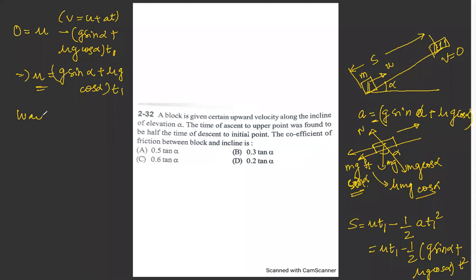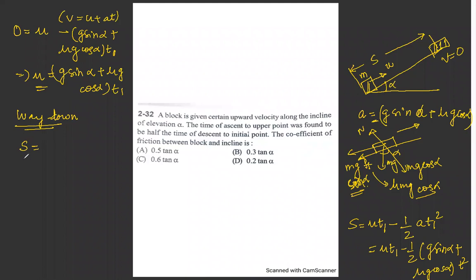So now we will talk about the way down. What is happening on the way down when the block is coming down? The time of descent to the initial point is given. If the block is coming down, we can write s is equal to u t plus half a t square, with initial velocity let it be 0, if you just release it.